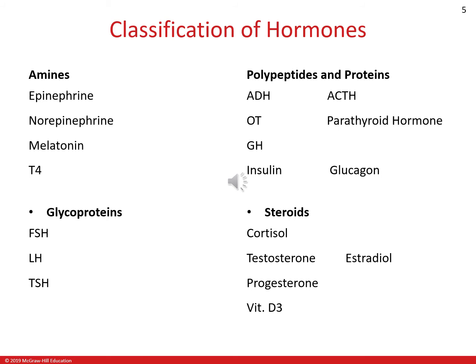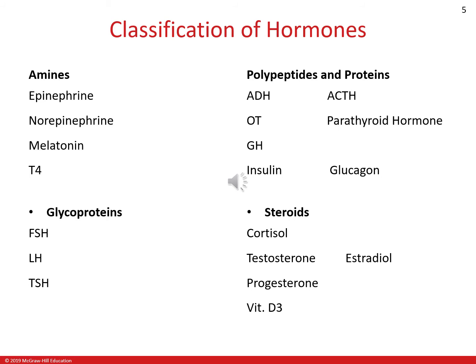Epinephrine and norepinephrine are produced by the adrenal medulla. Melatonin is produced by the pineal gland, and T4 is one of the hormones produced by the thyroid.